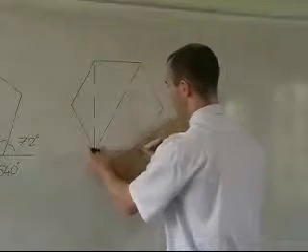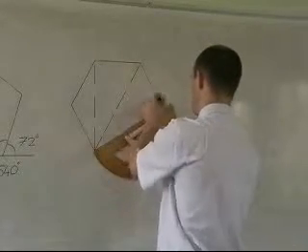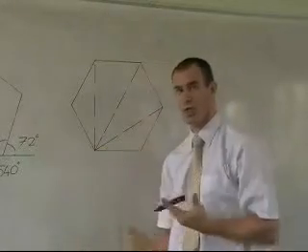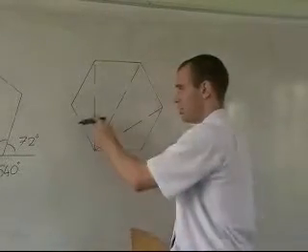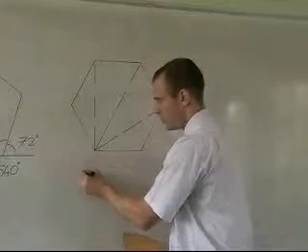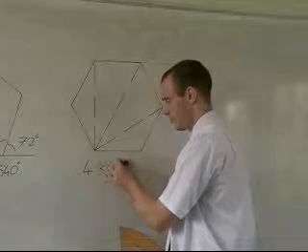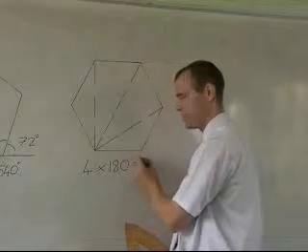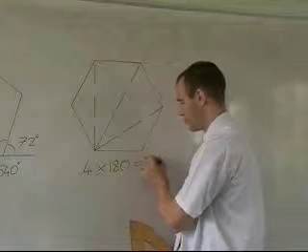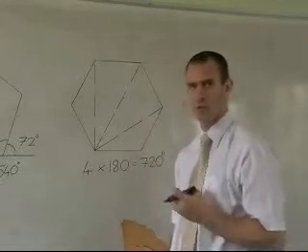That corner's done. As you can see, we've split the hexagon up into 1, 2, 3, 4 triangles. So 4 triangles, or 4 lots of 180, equals 720 degrees. So that's the sum of all the internal angles.